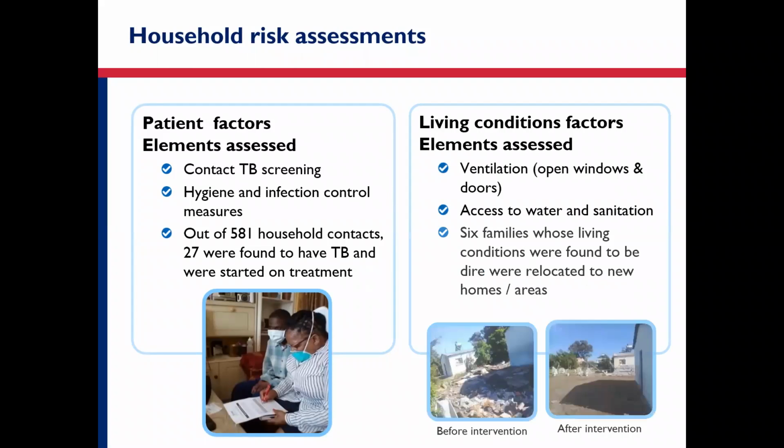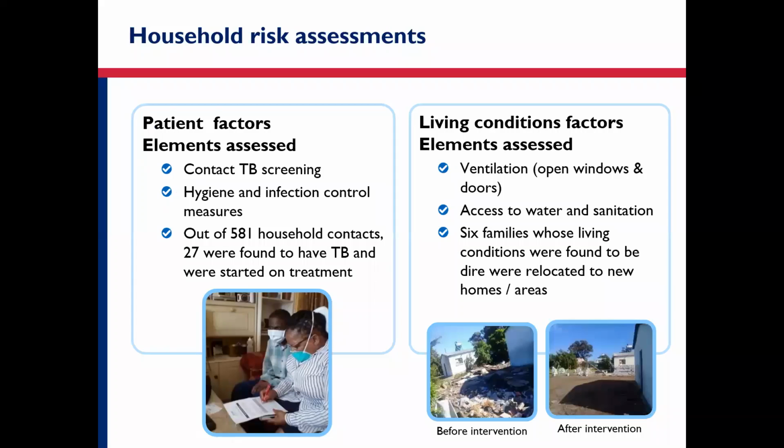So this is where the household risk assessment tool comes in. The tool assessed patient factors, focusing on contact TB screening and hygiene and infection control measures. And then under living condition factors, issues of ventilation and access to water and sanitation.